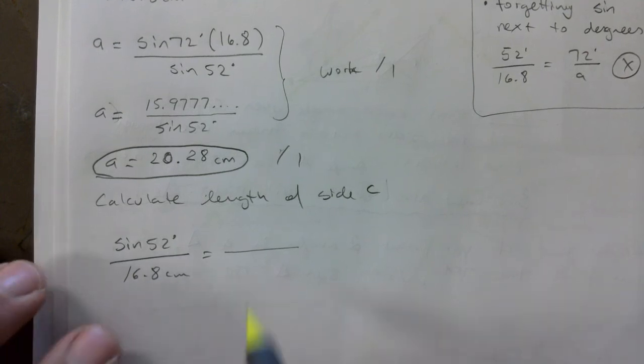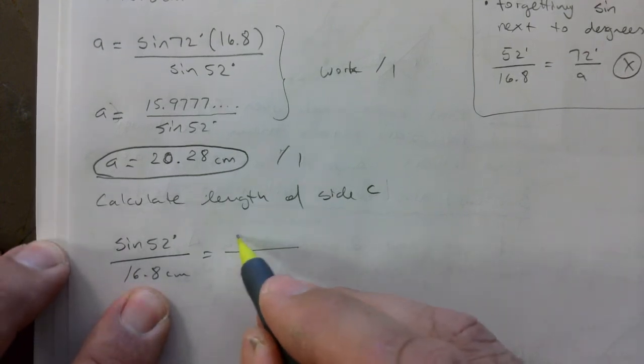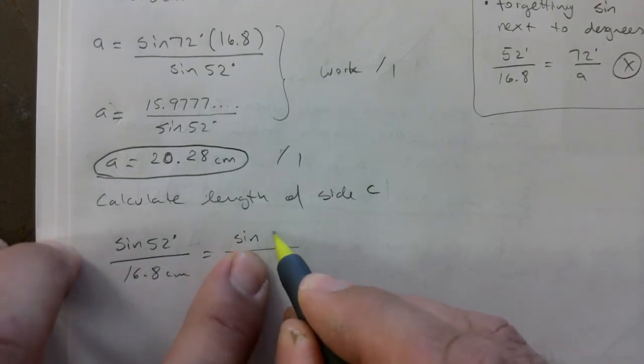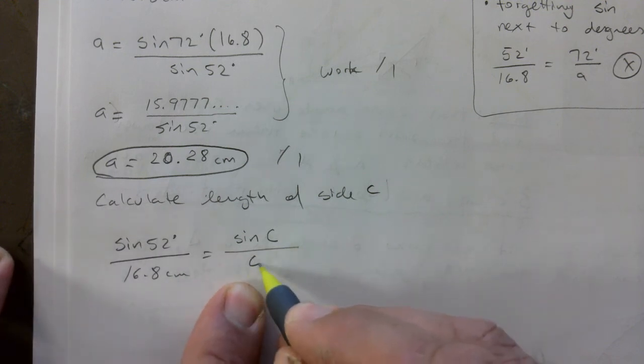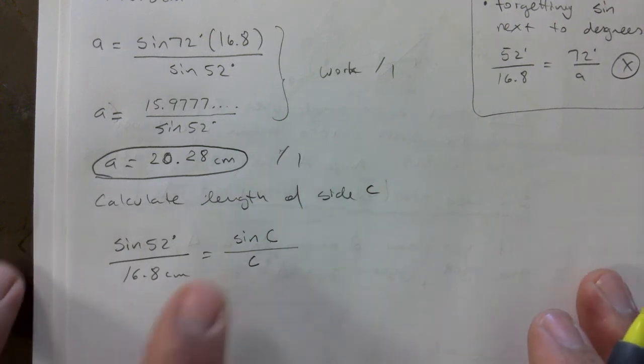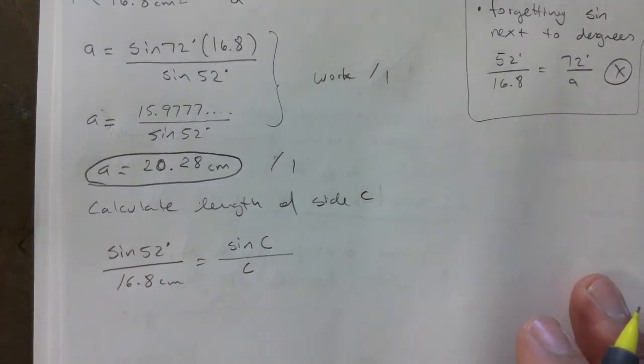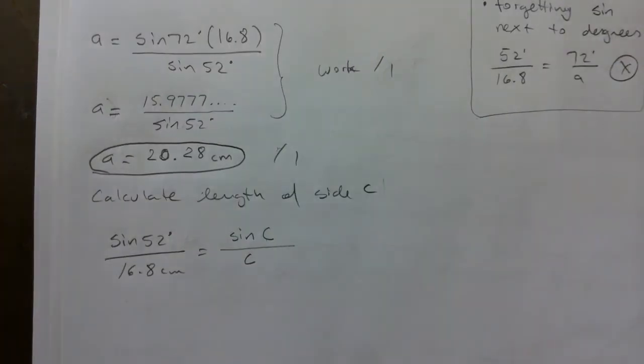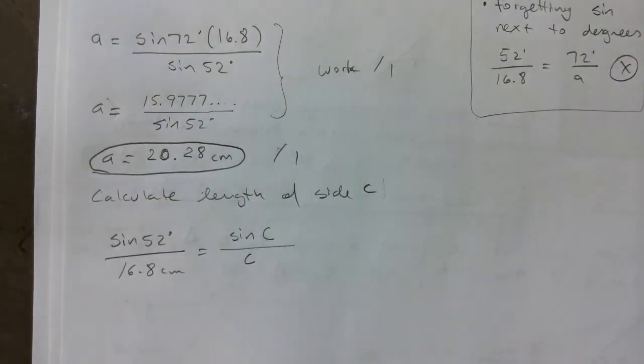And then, now we have a problem, right? We're going to have to go sine of angle C over side C because you always have them across from each other like that. Do you know what angle C is right from the diagram? What's that? 56. How did you figure that out?